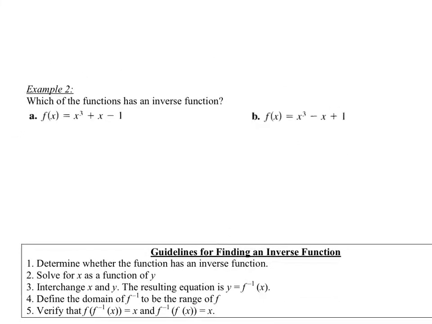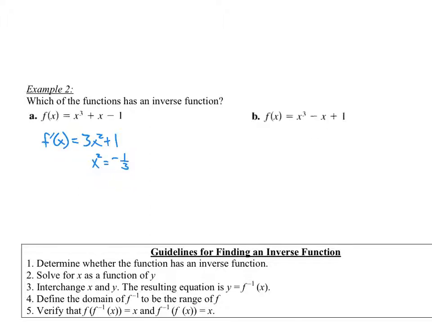Okay? So, let's look at these. Which of these has an inverse function? We could tell by quickly doing the derivative and trying to find critical points, right? So let's see, if I had f prime of x here, I'd have 3x squared plus 1. If I set that equal to 0, I'd get x squared equals a negative 1/3.